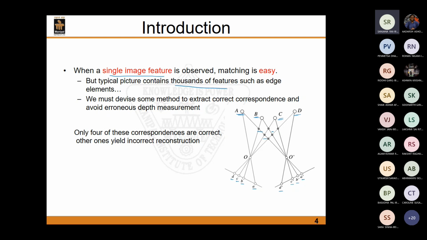So we cannot always guarantee that the two lines that we are drawing in that 3D space will always intersect. There is no guarantee, because there is always this error factor that needs to be taken care of.